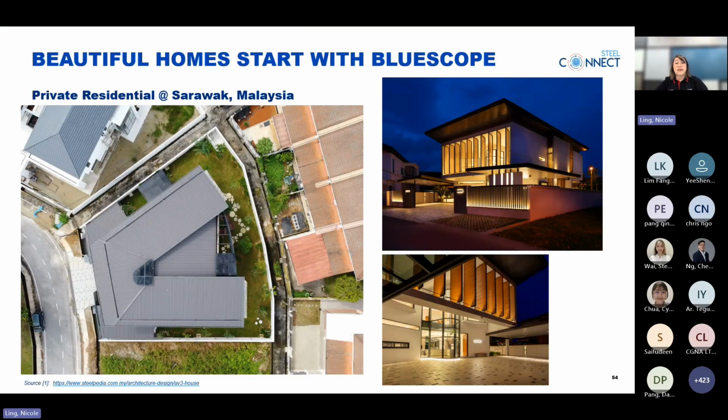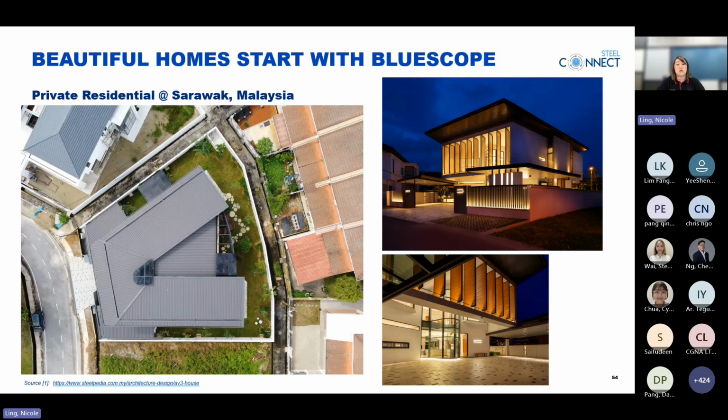Look at this project. It is a private residential in Kuching, Sarawak. The trapezoidal shape of the land gave an opportunity to the architects to demonstrate how steel roofing can be created with complex roof geometries. It is not a simple gable or hip roof. It consists of multiple roof planes, valleys wrapping around an internal courtyard.